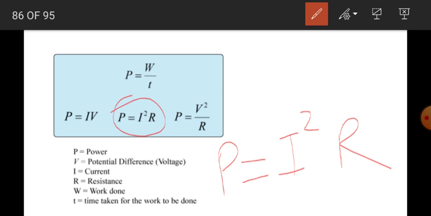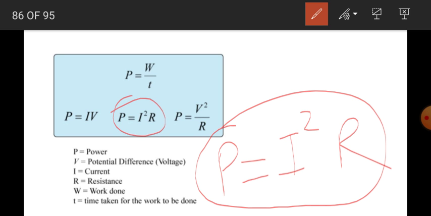Twinkle twinkle little star, power equals I square R. Oh dear. Yes, this is the way you can remember this formula. Twinkle twinkle little star, power equals I square R.